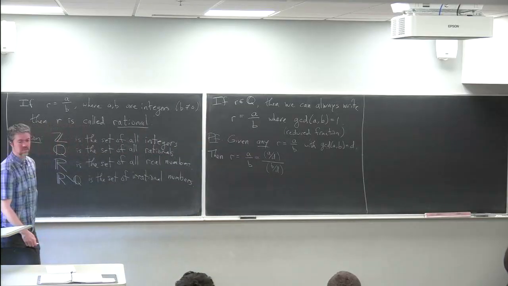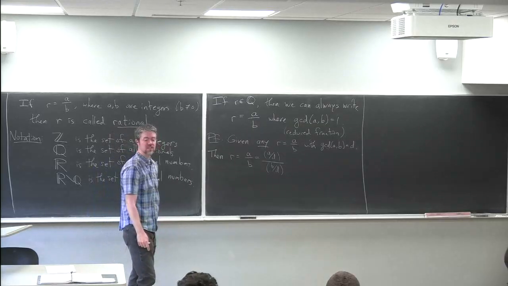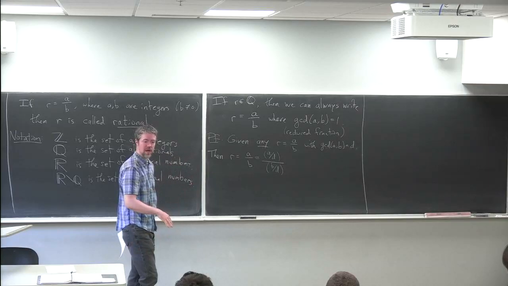So that's the same quotient. d divides into a and b because it's their GCD, so those are actually integers on top and bottom.